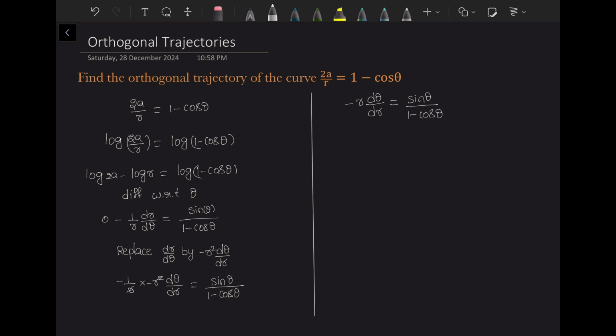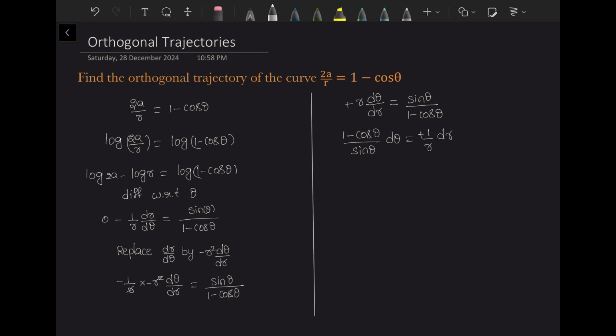Now I'll separate the variables. So (1 - cos θ)/sin θ dθ, and all r terms I'll take to that side, so I get -1/r dr. But this minus into minus is plus, so both sides plus only.